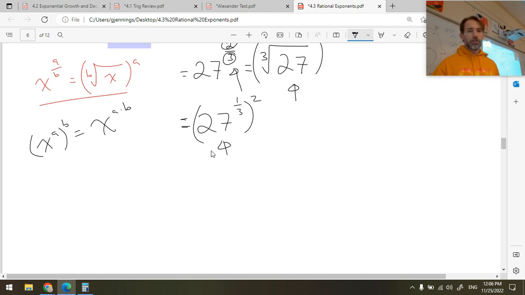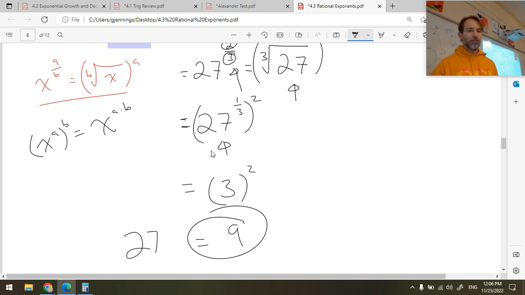So both of these problems come down to, oh, sorry, not 27, 3. 27 to the 1/3 is 3 raised to the power 2. 3 squared? 9. Final answer. 27 to the 2/3 equals 9.